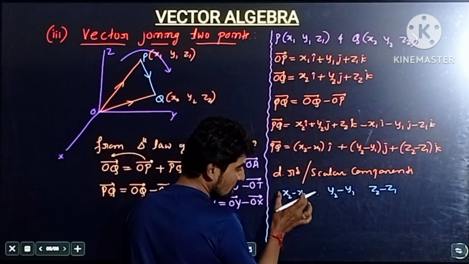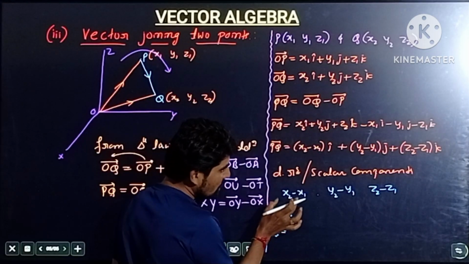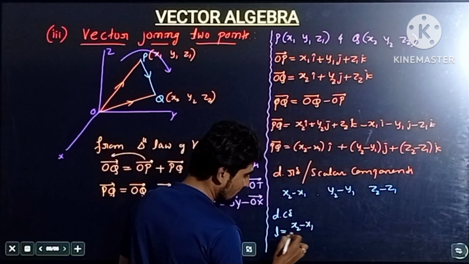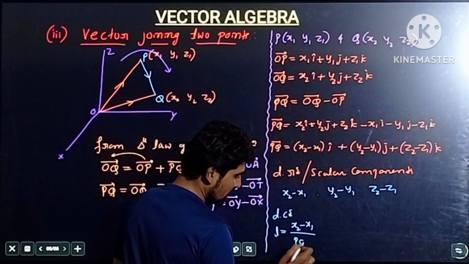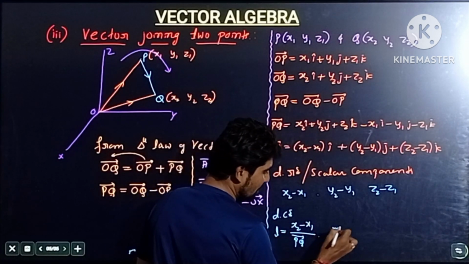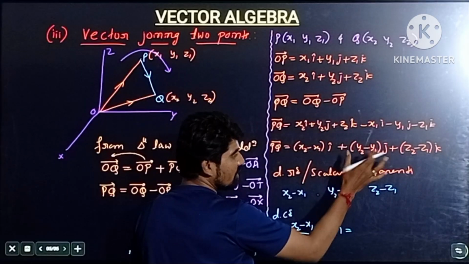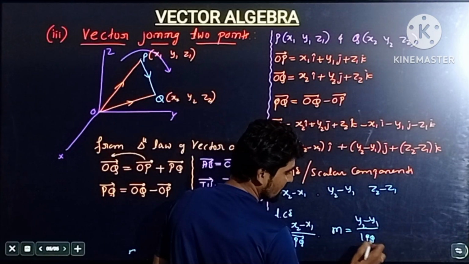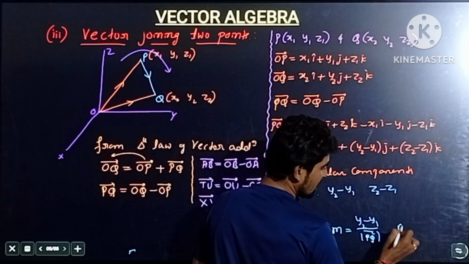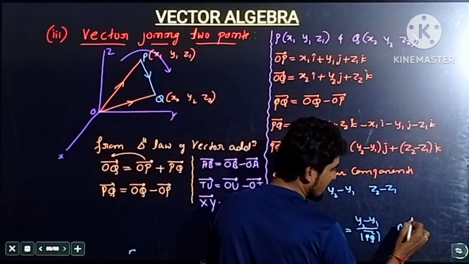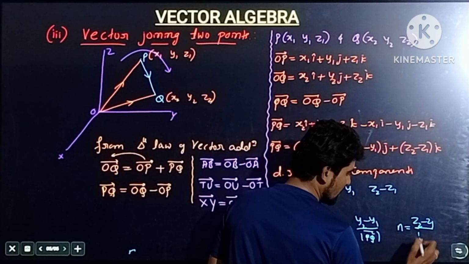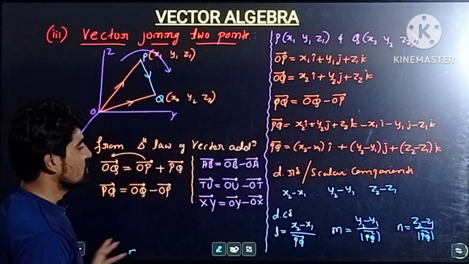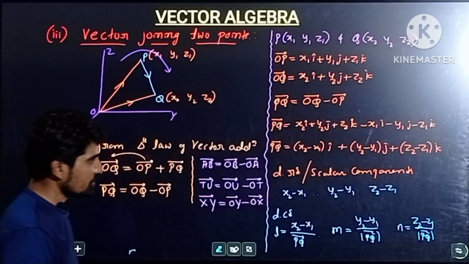And l is equal to direction ratio x2 minus x1 divided by magnitude of the vector PQ, and the value of m is equal to coefficient of j, that is y2 minus y1 divided by magnitude of the vector PQ, and similarly the value of n is equal to k coefficient z2 minus z1 divided by magnitude of PQ vector. I hope all of you understood this vector joining 2 points.